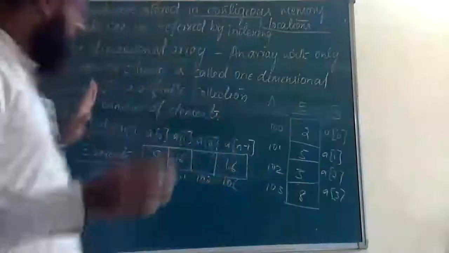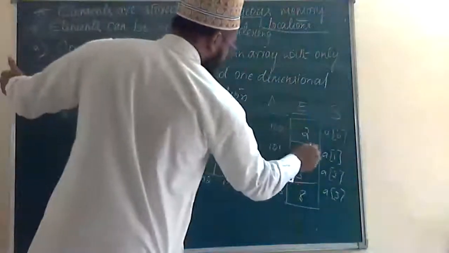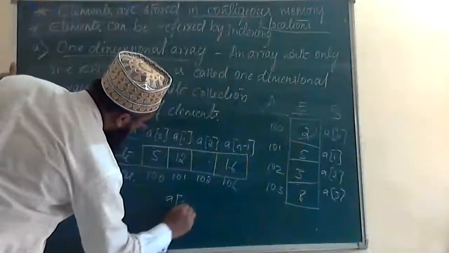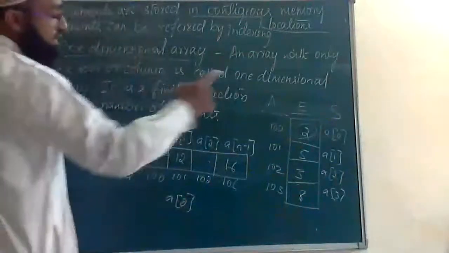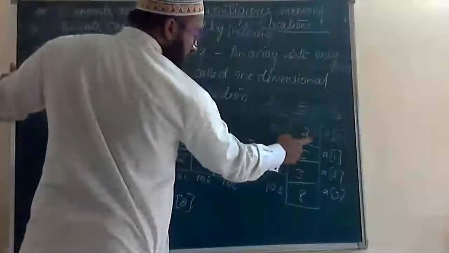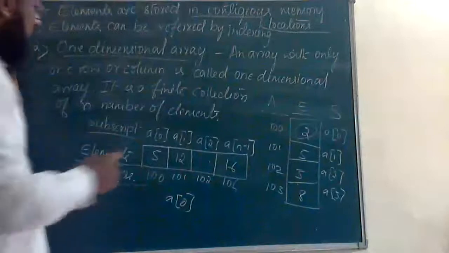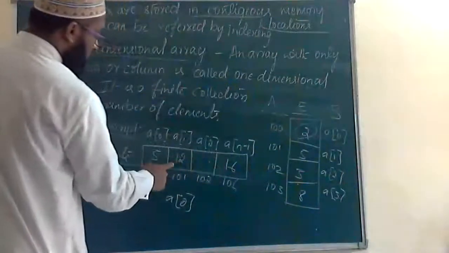I will give you an example. If you want to represent 2 in an array, then you write the index A of 0, and we think of that as the element 2. Here 12 is there.